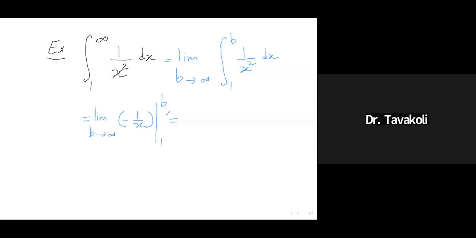Again, for now, I don't apply the limit. So the evaluation of minus 1 over x at b is minus 1 over b, minus the evaluation of this at 1, minus 1 over 1.